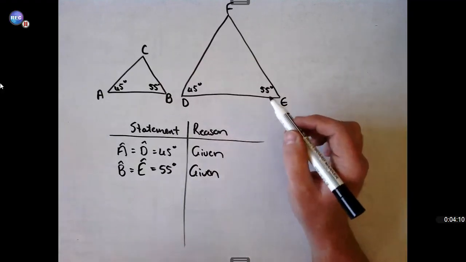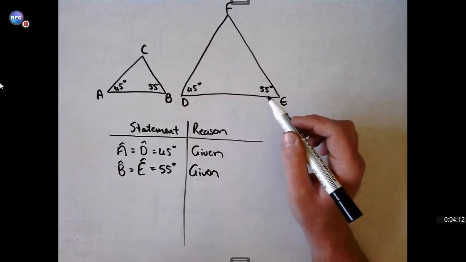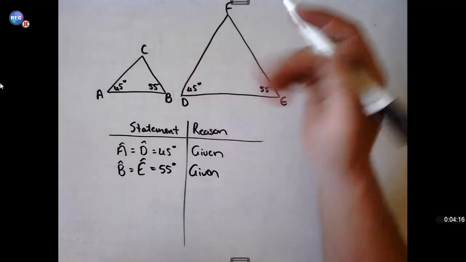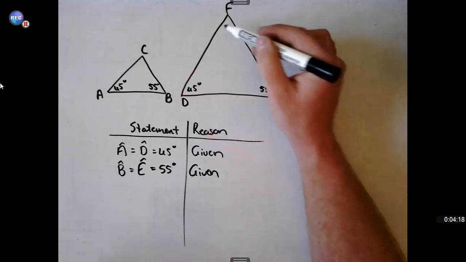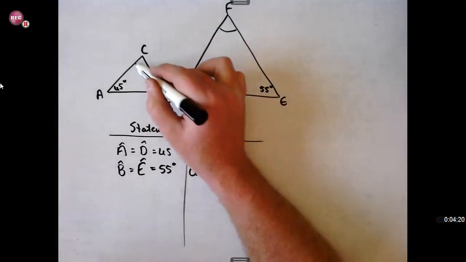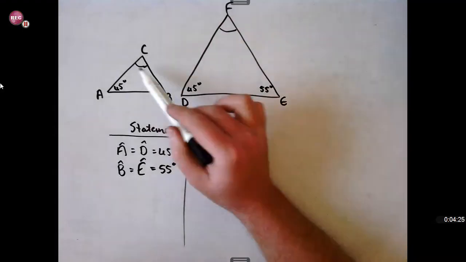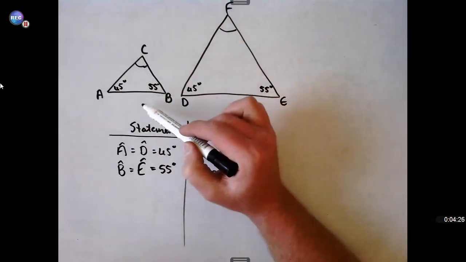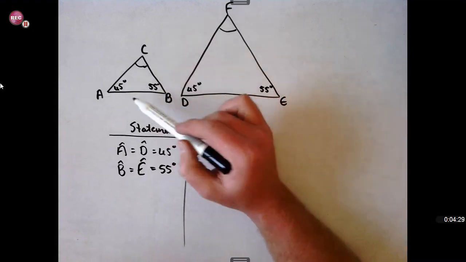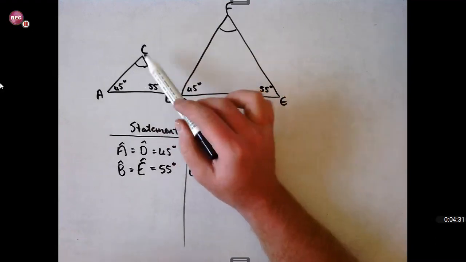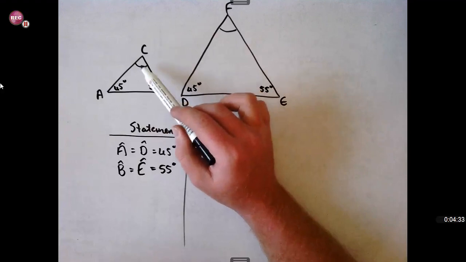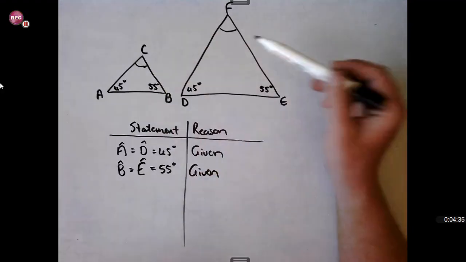Now you're going to tell me there's no other angles that are equal to one another because there's nothing given. Well, angle F and angle C will be equal to one another, because if I take these 2 angles over here and I calculate the sum of the interior angles of a triangle, I will get my angle C, which is at the top here. The same with this.